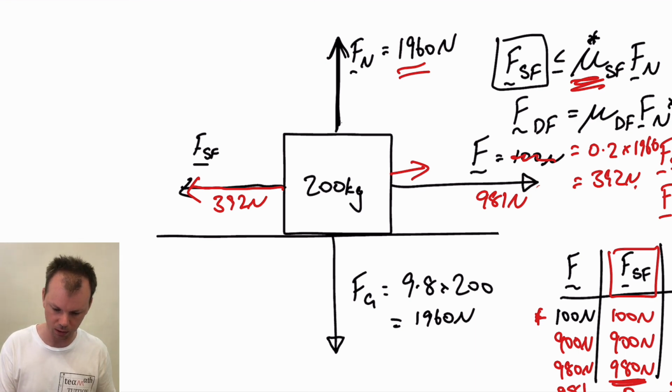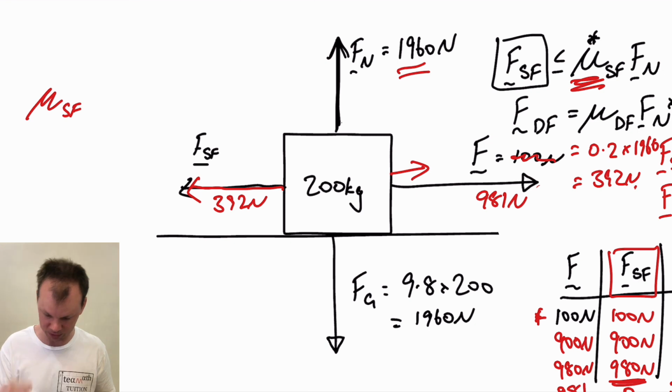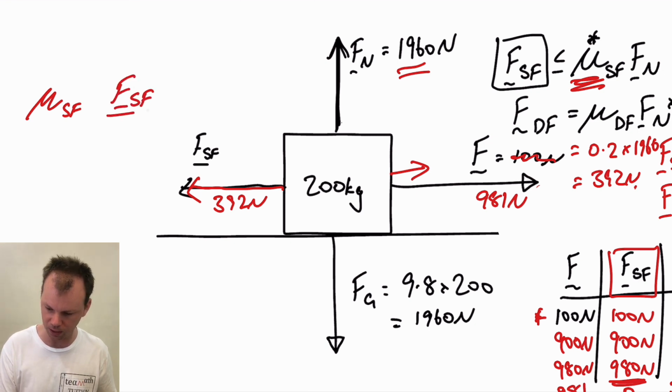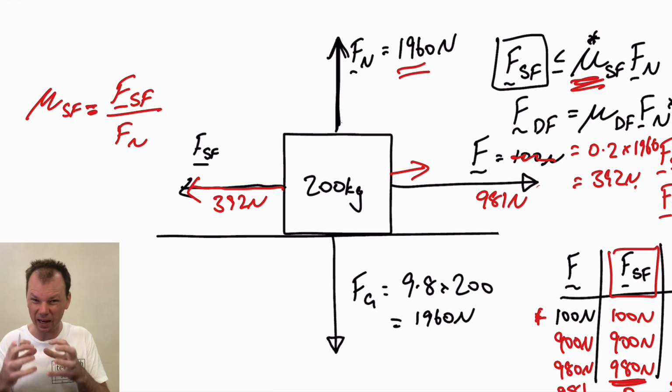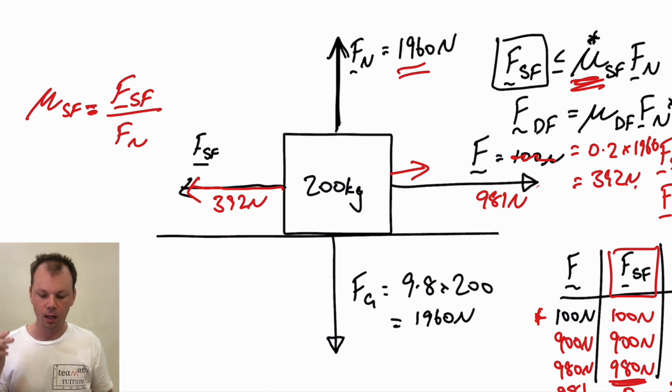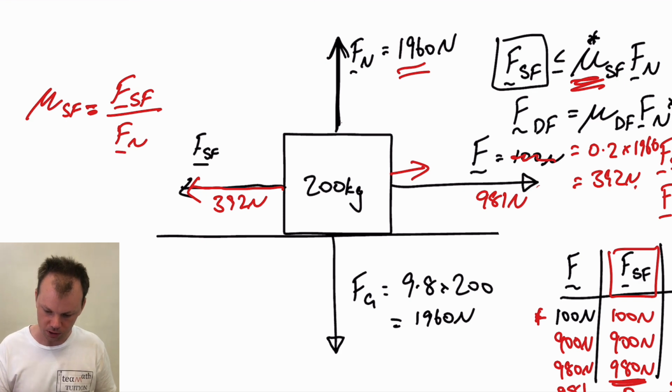So if we rearrange this equation, we get the static friction coefficient is the force of static friction divided by the normal force. I'm using an equal sign because this is right at the point that the box starts moving. Now we know the normal force because we know how heavy the box is.